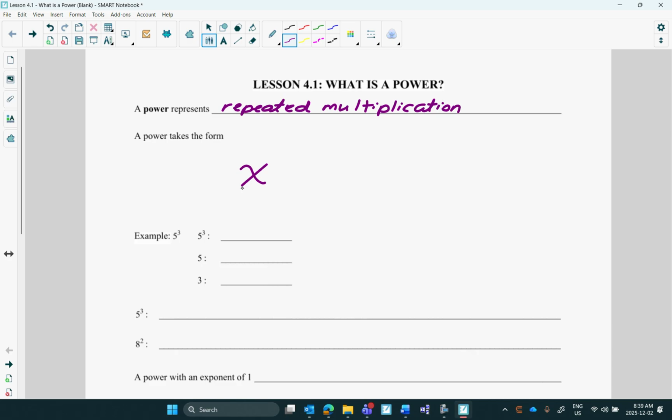It's got a big number, and then it's got some little number up and to the right. So it takes that form, where x could be any number and n could be any number. So for example, we have a power here. The two numbers together, we call the power.